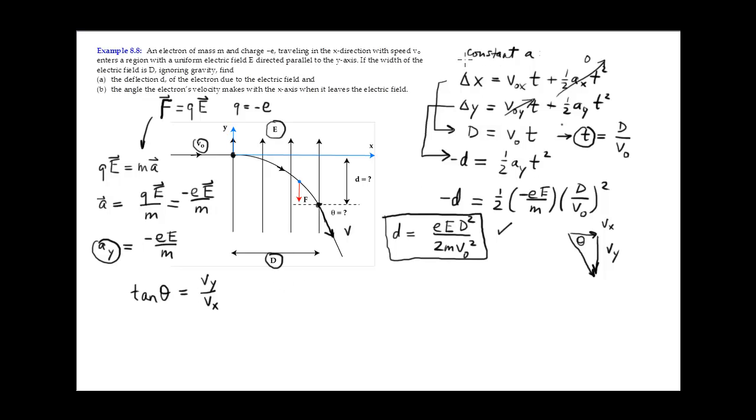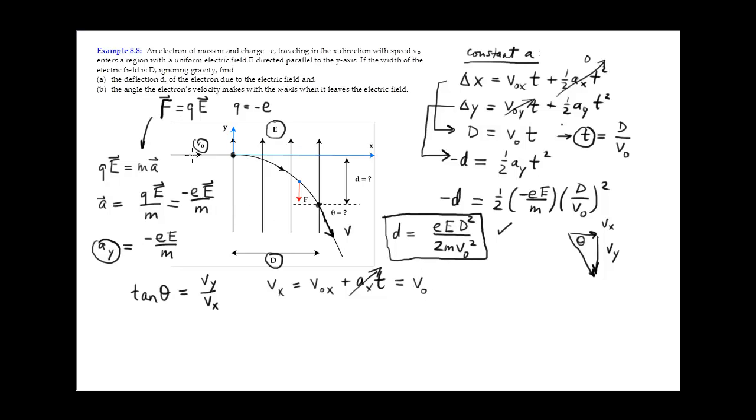Well, remember, for constant acceleration motion, not only do we have equations for the displacements, but we also have equations for the x and y components of velocity. So Vx is equal to V0x plus ax t. We know that the x component of acceleration is 0, so Vx is simply V0x, and remember, that's just V0.